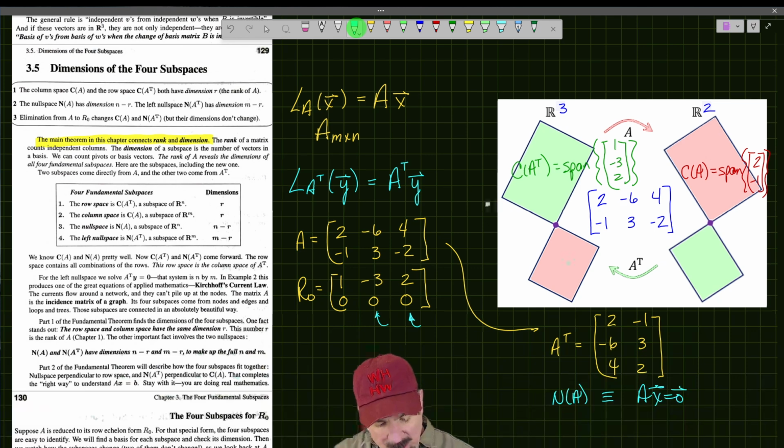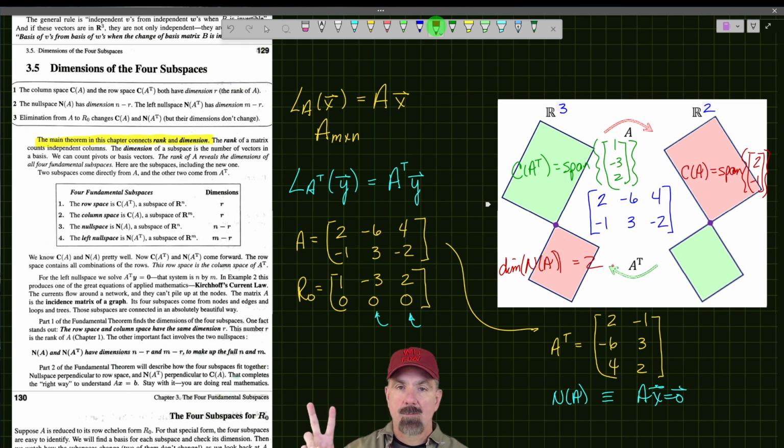So while we are not going to necessarily discuss today what the null space of A is with respect to the basis vectors, we can definitely see that the dimension of the null space is equal to 2 because we have two free variables. Same thing as we've been talking about with respect to solving. In this case, we're solving the homogeneous equation.